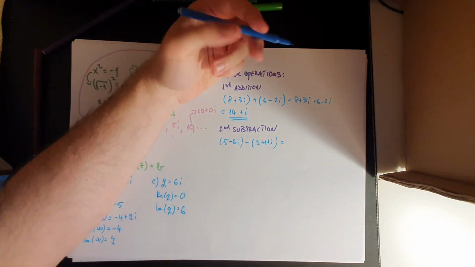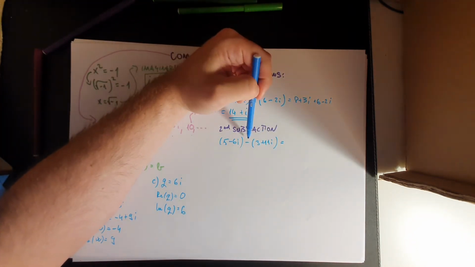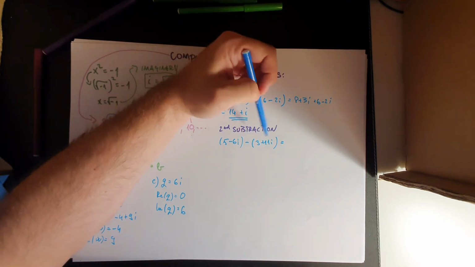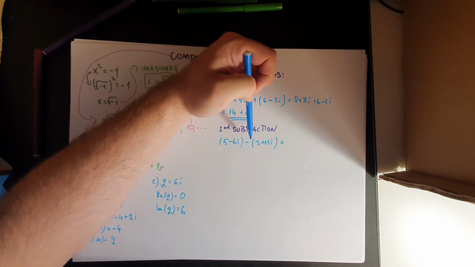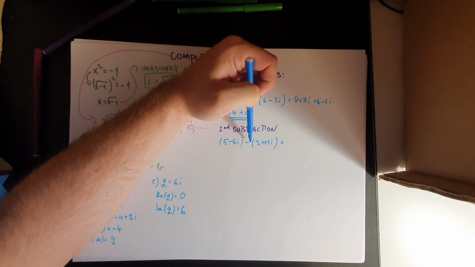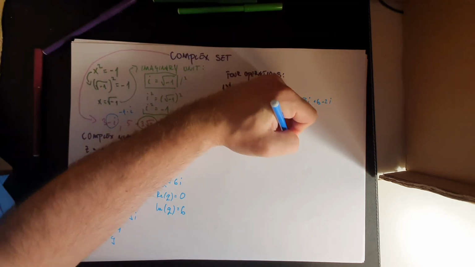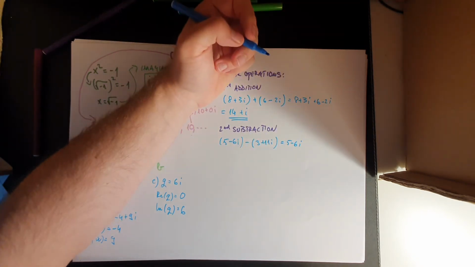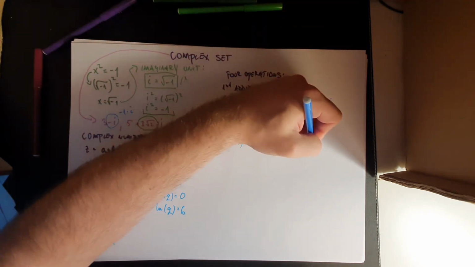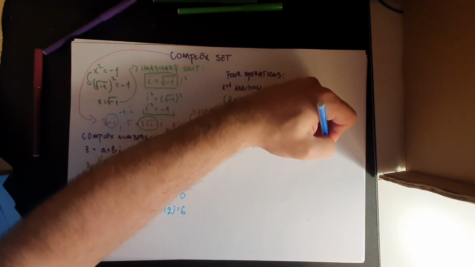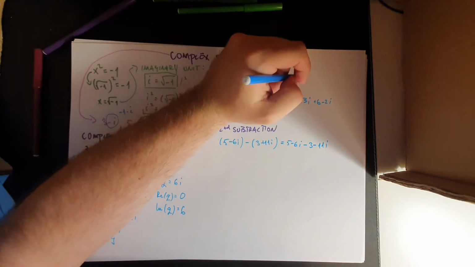Now watch out. Unlike with addition, when you use subtraction and the bracket, the subtraction changes the sign of the numbers, both of them. So the first part stays the same. It's 5 minus 6i without the bracket, while now it's going to be minus 3 minus 11i. Watch out for that.